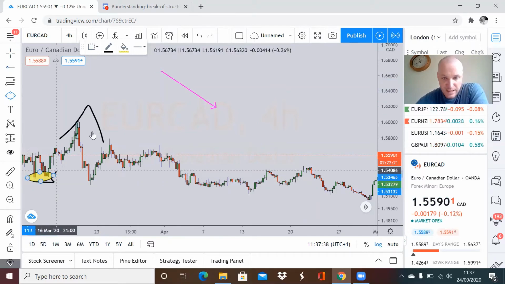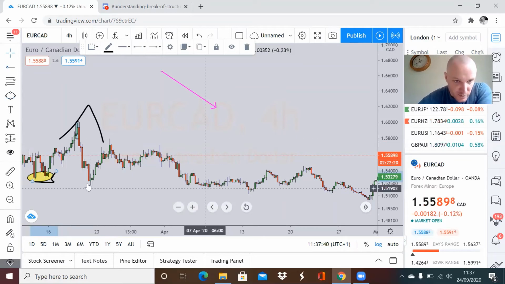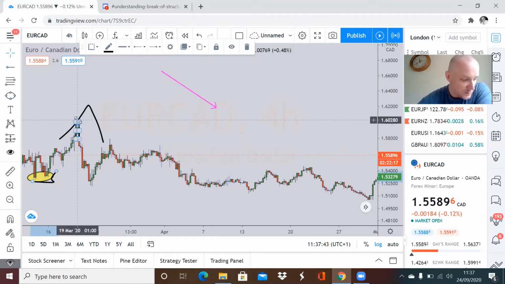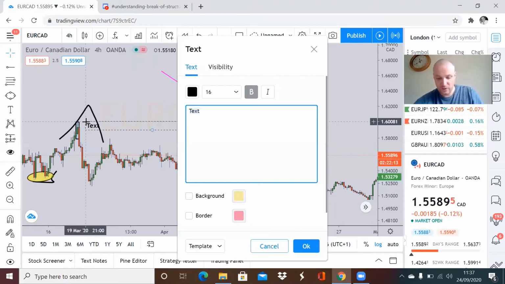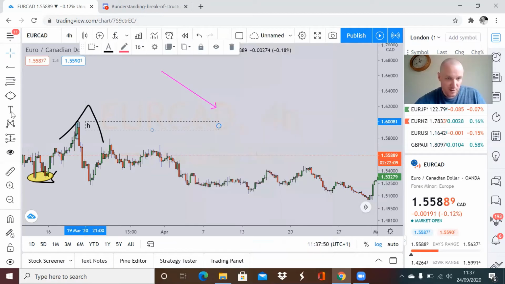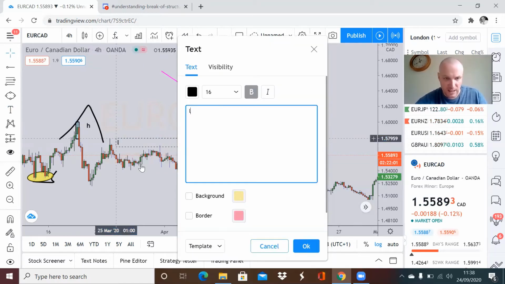We are clearly back in a downtrend. So as we come up, we've got a high, okay, a lower high. We've got that high there. Okay, we broke the structure and then we came back up, and we didn't do a continuation above there, so this becomes a lower high.